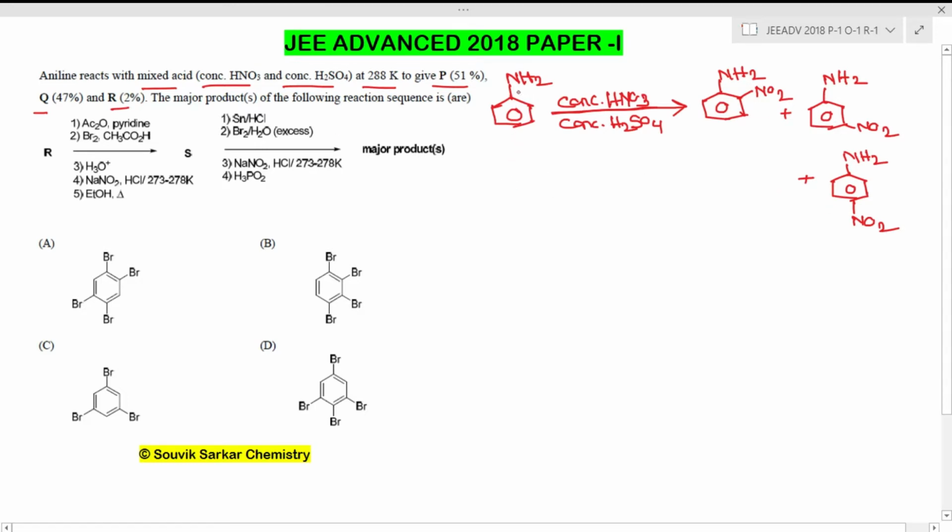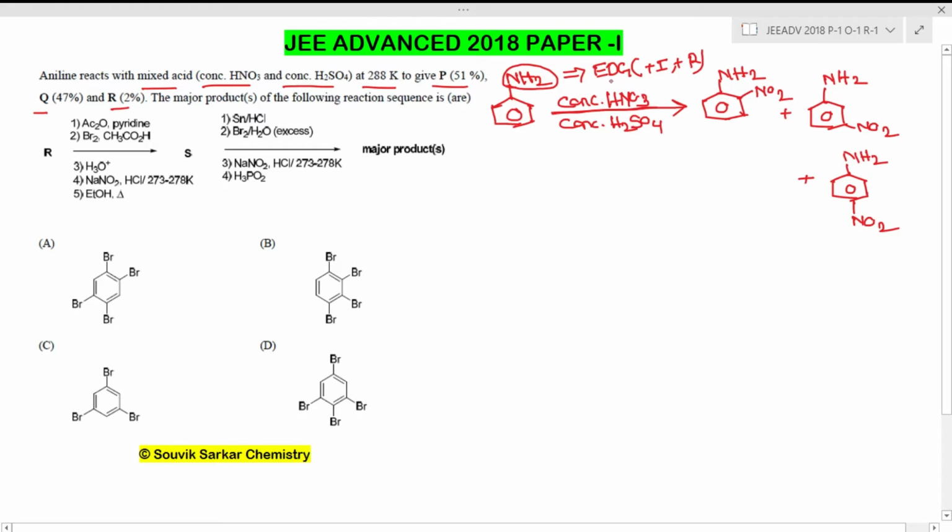So whenever we do nitration of aniline, we know the amino group, that is NH2 group, is an electron donating group. So it has plus I effect and plus R effect. And nitration is an electrophilic substitution reaction.